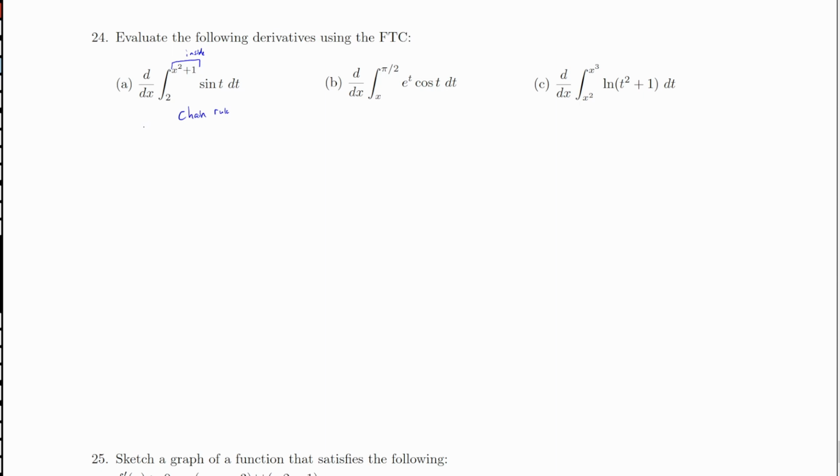So I know that the fundamental theorem says when you take the derivative of the integral, they wipe each other out, and you get the inside function, but as a function of x. The chain rule says don't plug in x, plug in the inside function. So I'm going to get sine of the inside function, x squared plus 1. The chain rule says then multiply by the derivative of the inside function. And the derivative of x squared plus 1 is 2x. So we have sine of x squared plus 1 times 2x.